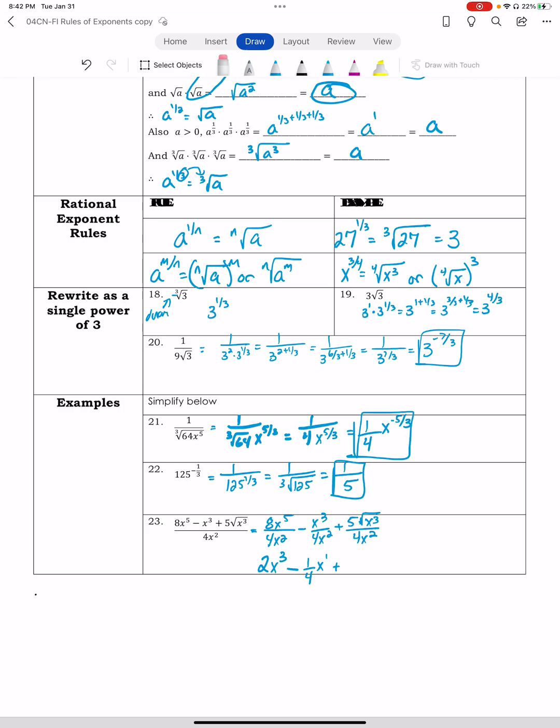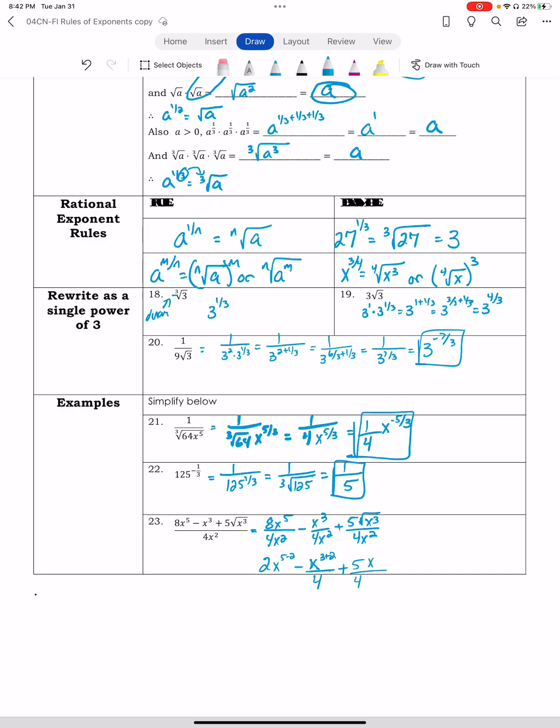Actually, you know what, I'm going to draw these steps in because I think it might be easier to see. So I have 2x to the 5 minus 2 minus, and then I have x to the 3 minus 2 over 4 plus, now I can't do much with these exponents. The 5 and the 4 kind of stay as is.